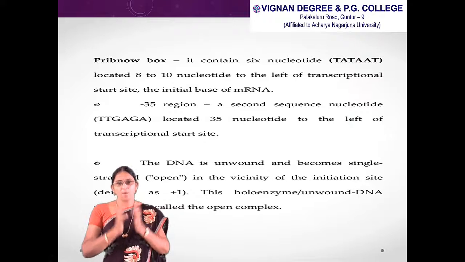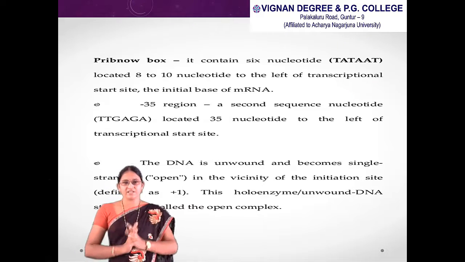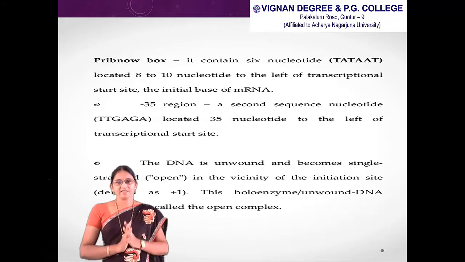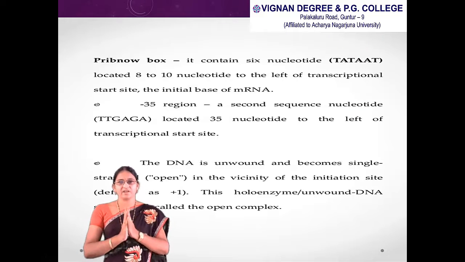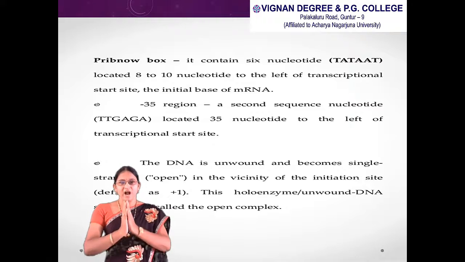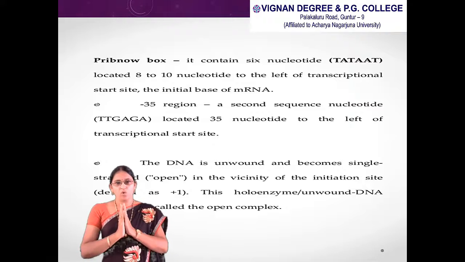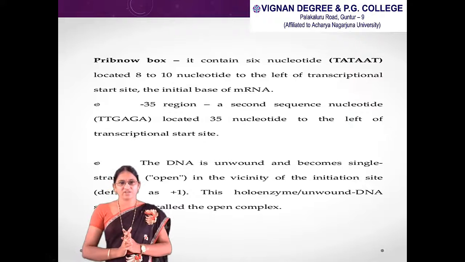That is nothing but the open complex formed here in the vicinity of the initiation site, defined as +1. So whenever the complex is open and starts to synthesize, that site is called the transcription start site, and that initiated nucleotide is known as the +1 site. The holoenzyme-unwound DNA structure is called the open complex.